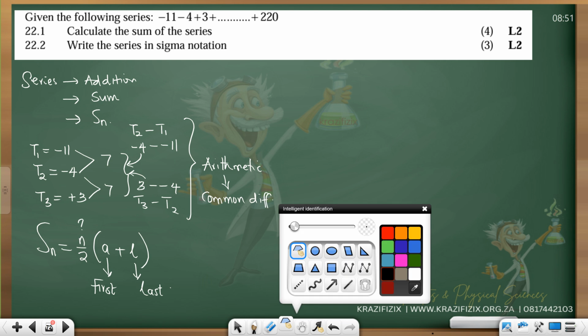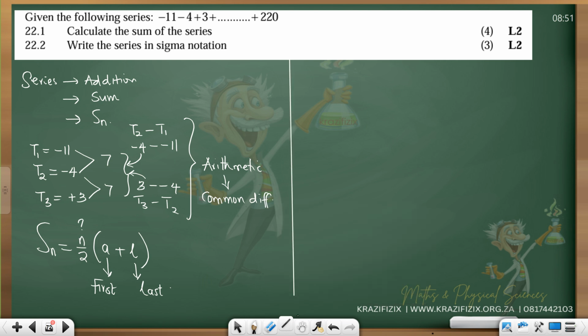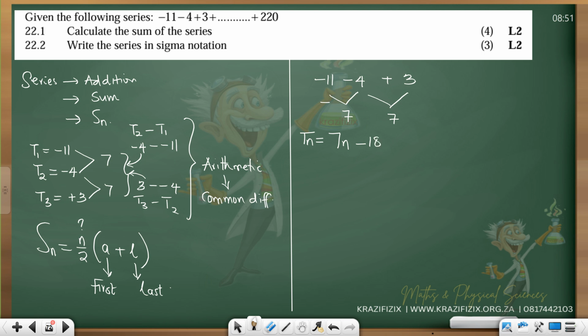So the best way to get n is to work with Tn first. If you remember what I taught you, negative 11, negative 4, 3. Our difference is 7. We put a 7n here. Then Tn will be the difference times n, and then negative 11 minus 7 would give us negative 18.